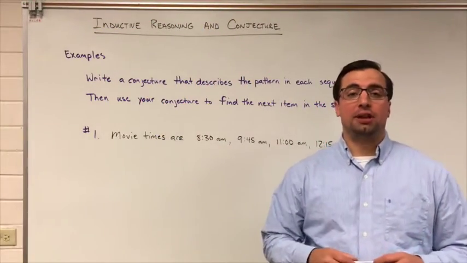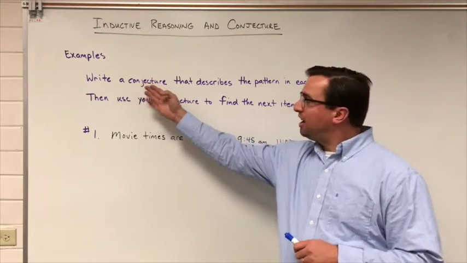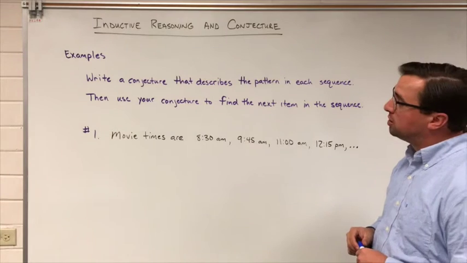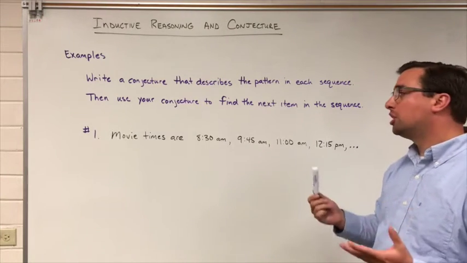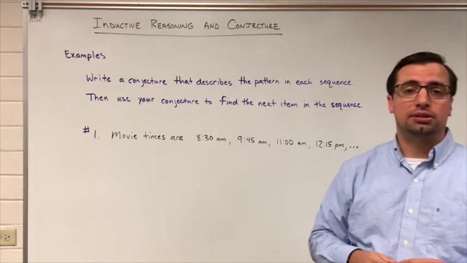Here is our first example of inductive reasoning. The directions say to write a conjecture that describes the pattern in each sequence. Then use your conjecture to find the next item in that sequence.